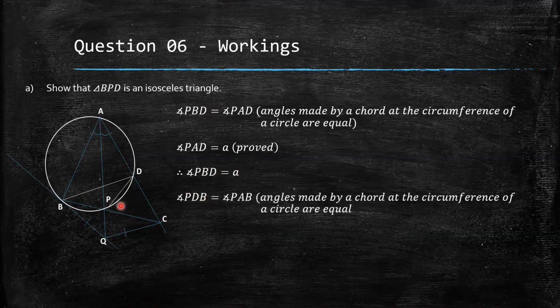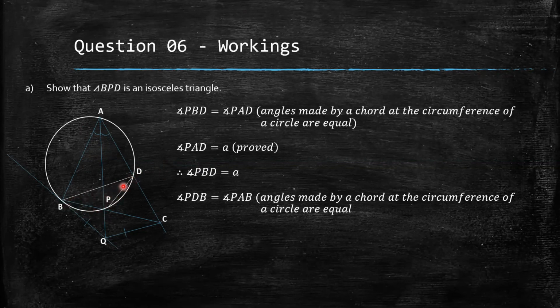Now, PDB, which is this angle, will be equal to PAB. If you take the BP chord, this BAP angle is an angle subtended on the circumference of the circle by the chord BP. And this BDP angle is an angle subtended by the same chord BP on the circumference.